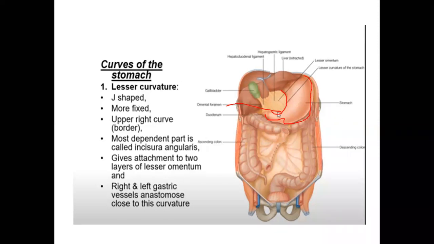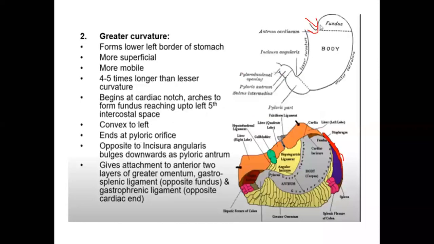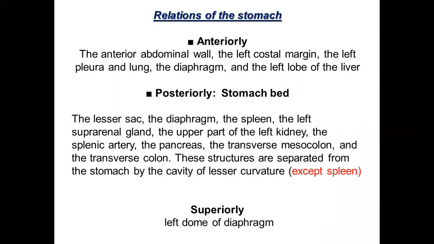Then the relations of the stomach. Anteriorly lie the left lower ribs, left dome of the diaphragm, and skin and muscles.